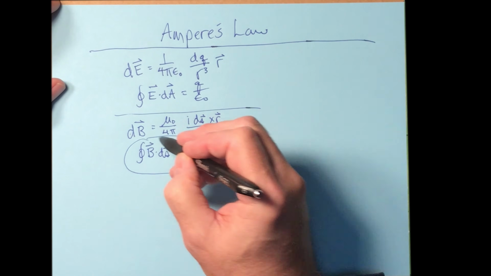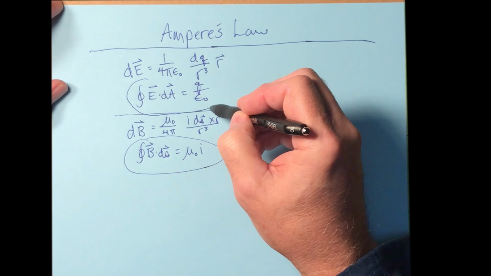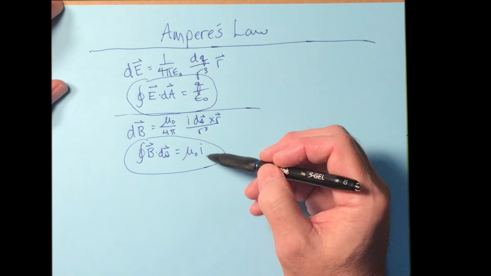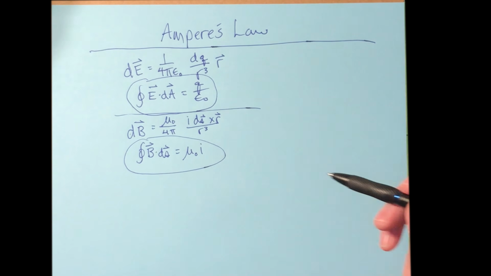So this was Gauss's law, the more general expression. This is Ampere's law, the more general expression of the Biot-Savart law. There are two other Maxwell's equations. I shouldn't say two. There's one other Maxwell's equation that will come along.